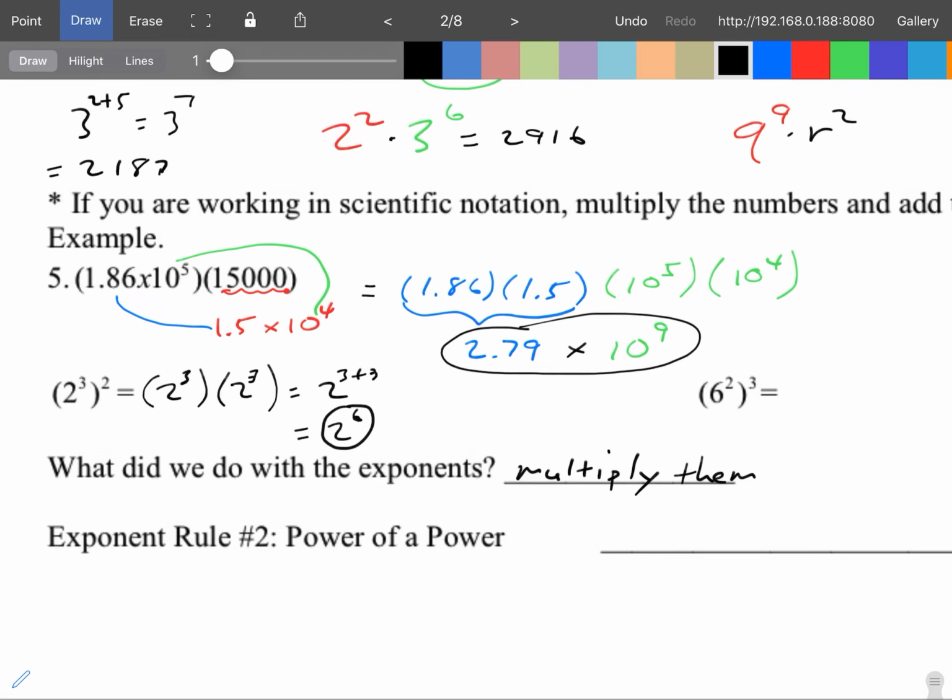Well, since it's a power raised to a power, all we gotta do is multiply those powers. So then that's gonna give us 6 to the 2 times 3 power. Well, 2 times 3 is 6, so we end up with 6 to the 6th power. And again, if you wanna know what that number is on your calculator, that would be 46,656.